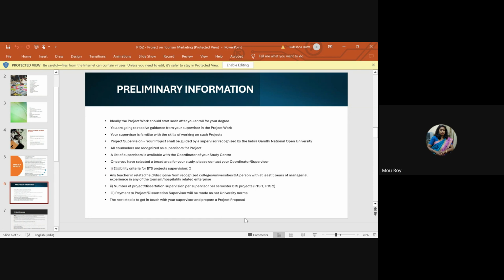So they will supervise you. Once you have selected a broad area, you have to first select the area of your study. Don't take a big area, take a small area. Once you have selected an area for your study, please contact your supervisor also.